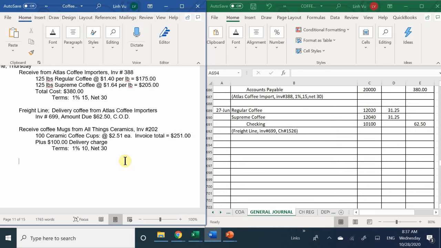So on the drawer now, receives coffee mugs would be accounts payable.